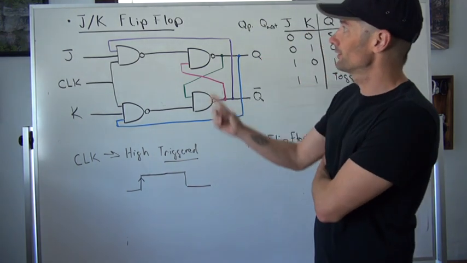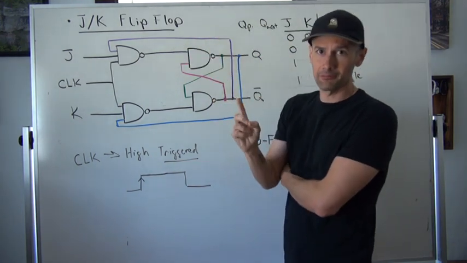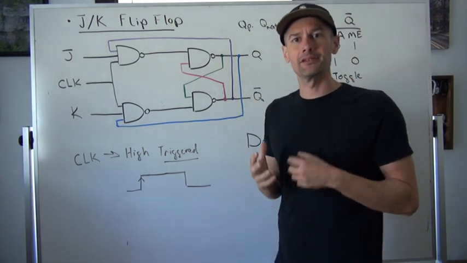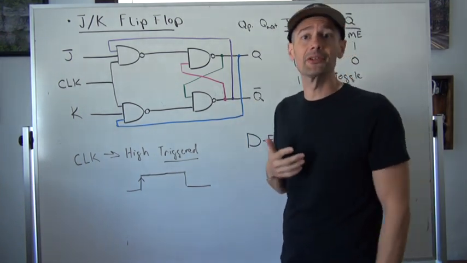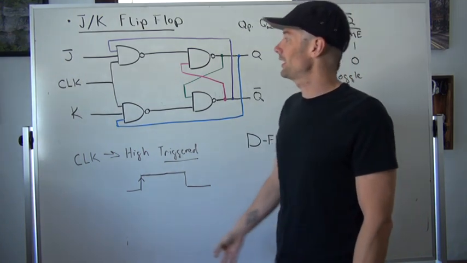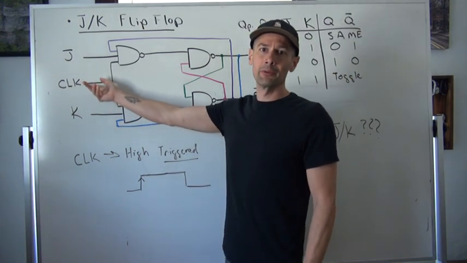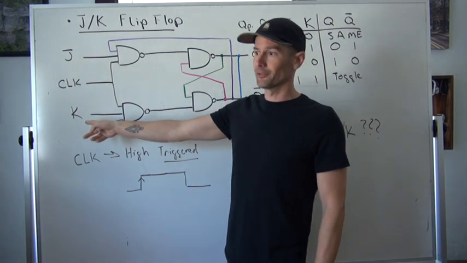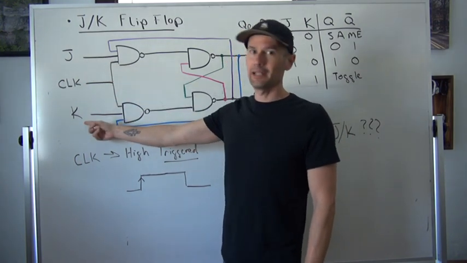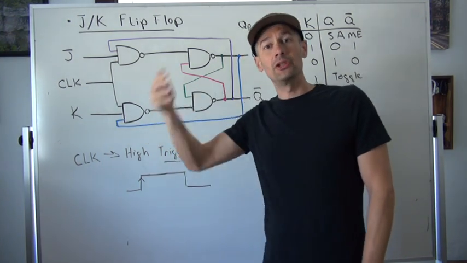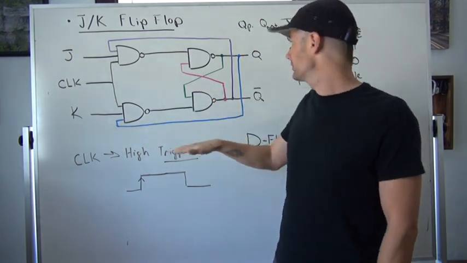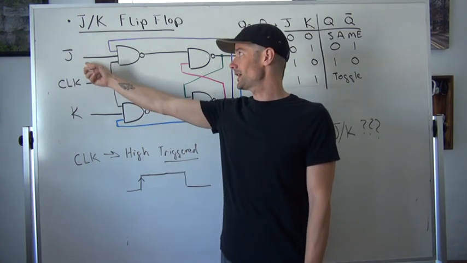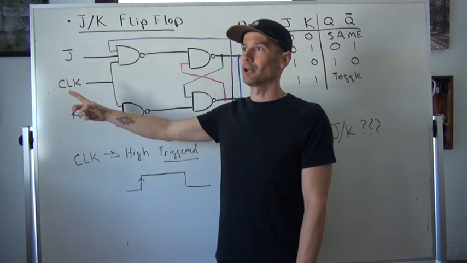The JK flip-flop is quite interesting because it doesn't look as simple as a D latch or the D flip-flop. Not only do we have the clock cycle, but we also have two inputs, J and K. If J is high and K is low, then the output Q goes high and Q bar is low.